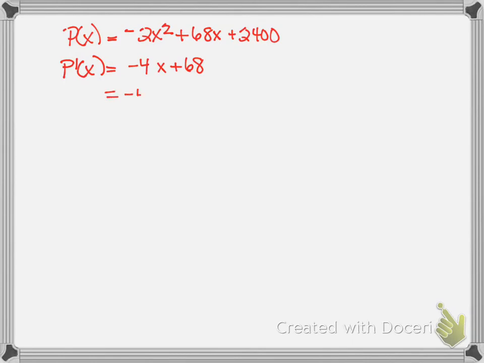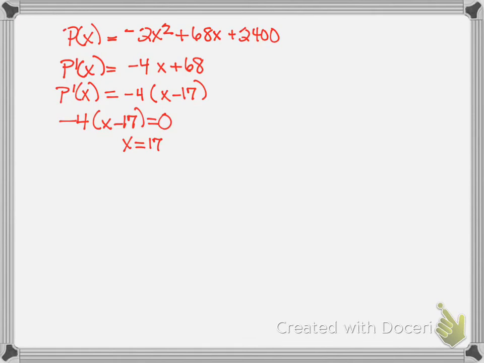I'm going to factor out the negative 4, which leaves me x minus 17. And I'm going to set this equal to 0, which will give me x is equal to 17.